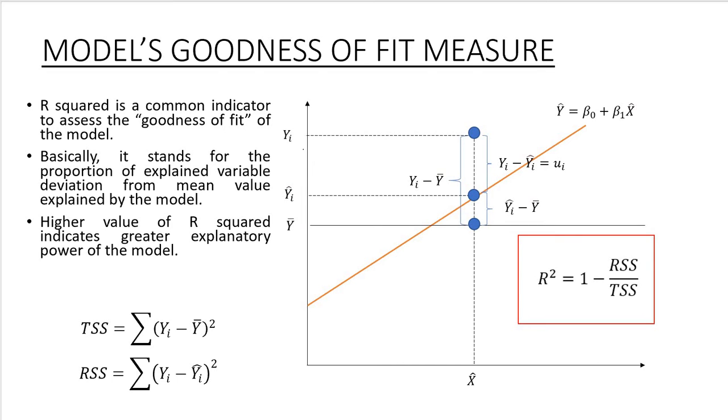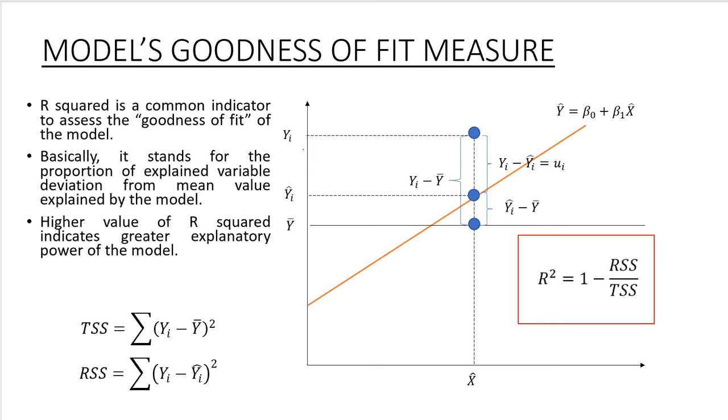So if you calculate the distance between the actual value of y and the mean value of y, put it to square, and then sum up all those differences for all the observations, then you will get total sum of squares, or TSS.